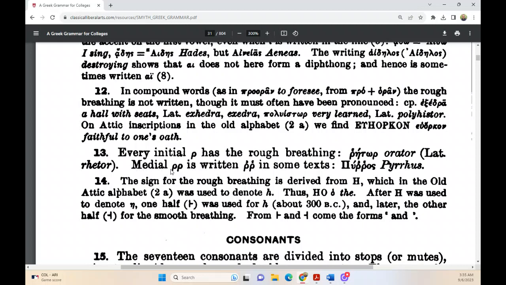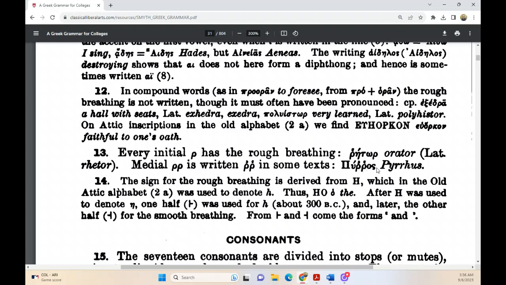And then we see medial double rho is sometimes written with opposite breathing marks because the second rho is pronounced with rough breathing. So here we have uppercase pi, then we have upsilon, then we have the lowercase rho with soft breathing marked over it. So we pronounce that as pur.